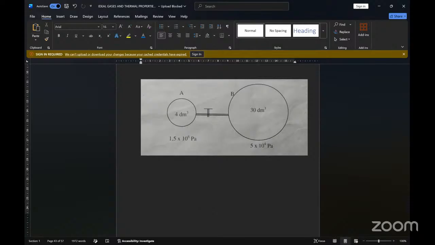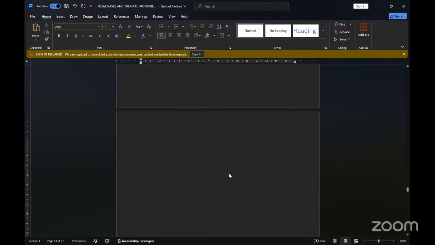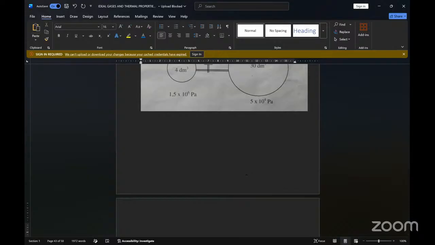So the only formula that we can use is a formula that has quantity. Okay. And the formula that has quantity is PV is equal to nRT. Okay. So we are going to use this formula. PV is equal to nRT. And the amount here can only be associated with n. That is what gives you amount, mass, or number of moles.